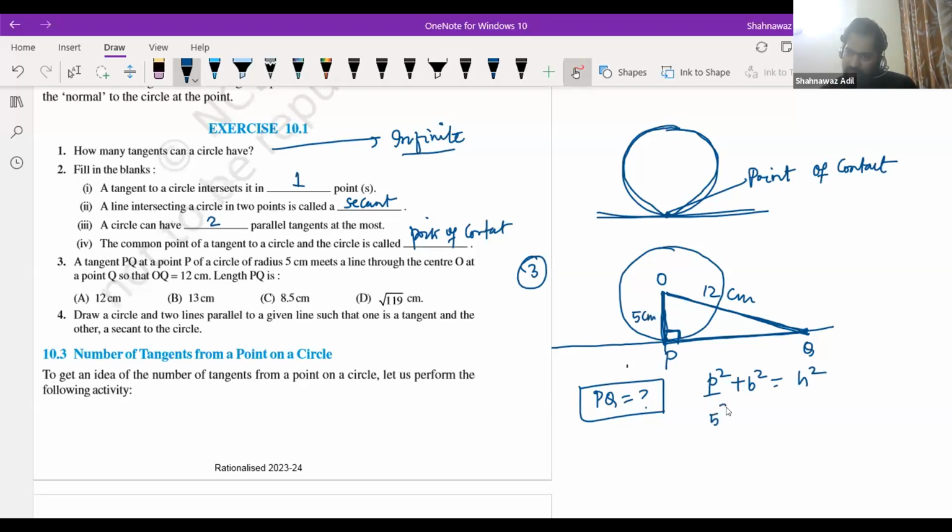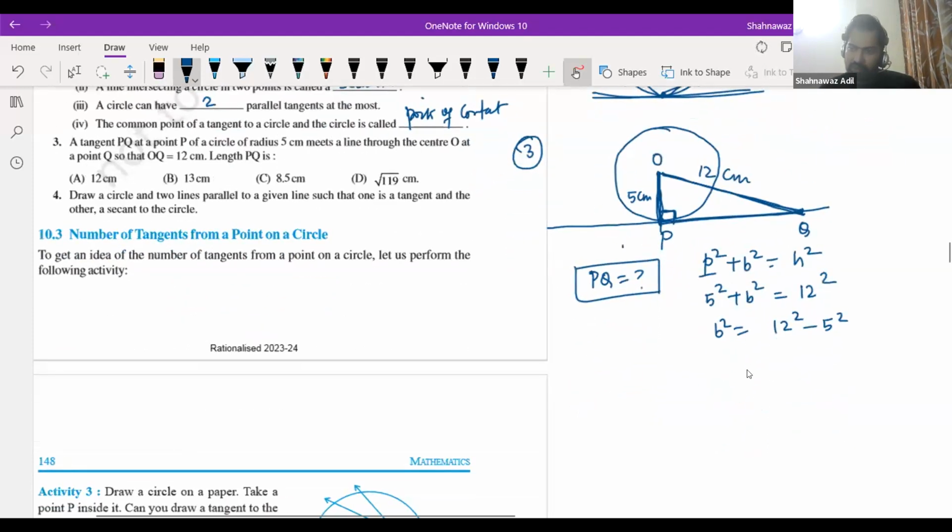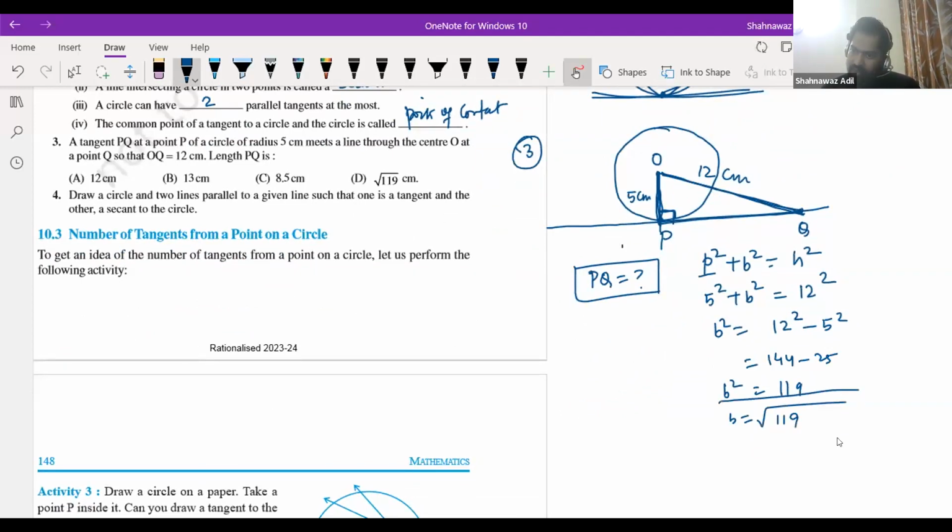Perpendicular is 5 square, hypotenuse is 12, so base square would be 12 square minus 5 square, right? So this would be how much? Oh, 119, okay, I added it. I remember. So this would be the answer. Please correct that and then we'll talk about it.